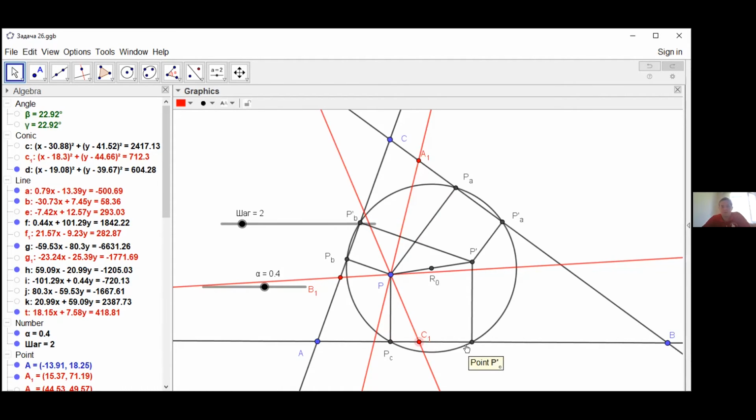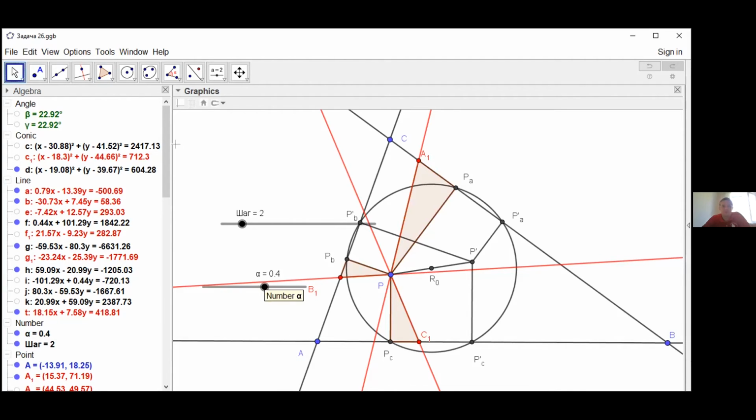And in fact, looking at similar right-angled triangles PB B1 and three analogous, I'm trying to mark these three triangles. They're similar.